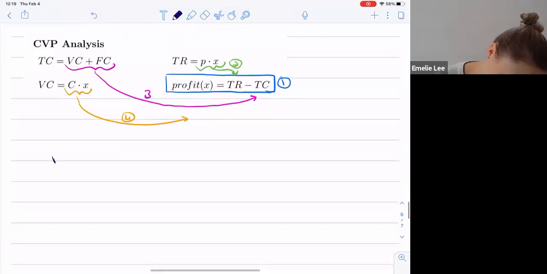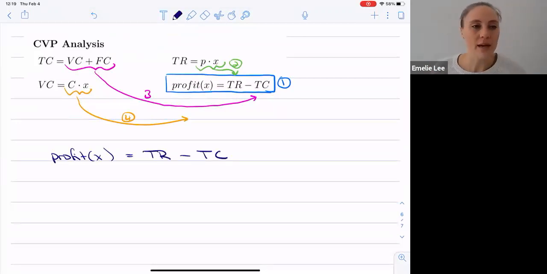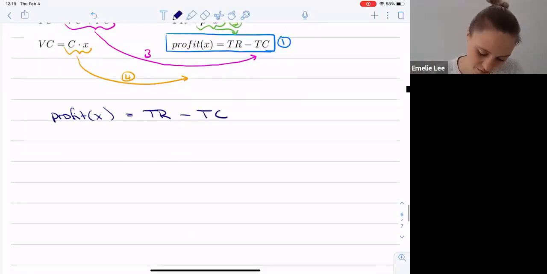So what I'm going to do is start with the profit of X is the total revenue minus the total cost. And when I do these, I always start with the plain old function and then I always build it up, right? It's a little bit longer, but it's just a nice way to make sure that you're covering all your bases. So I always go through these steps.